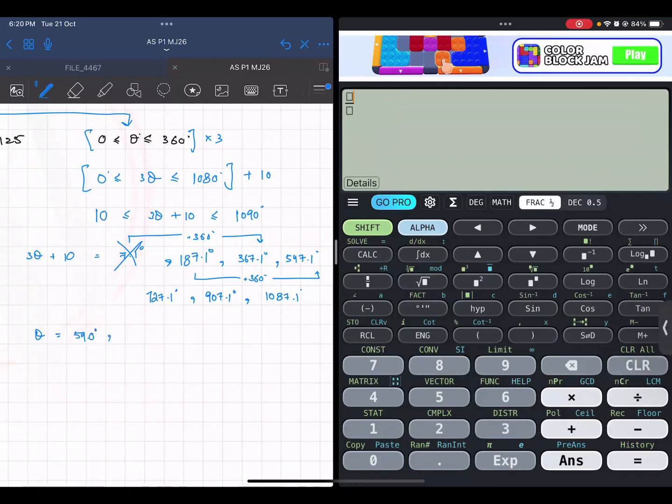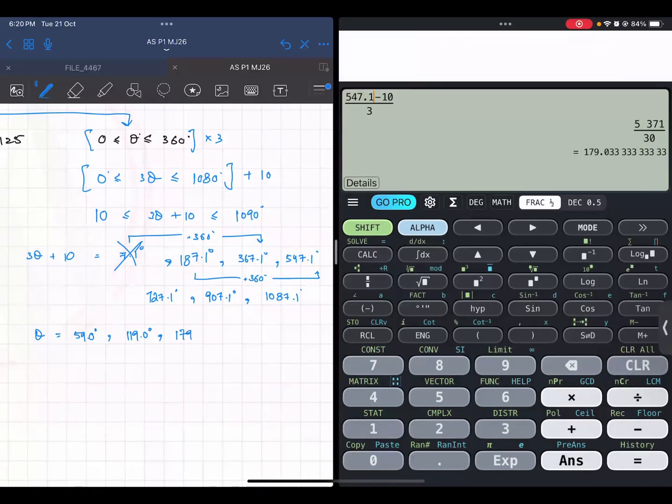The next one, let me make a formula. 367.1 minus 10 upon 3. This is 119.0. The next one is 547.1. So 179.0.